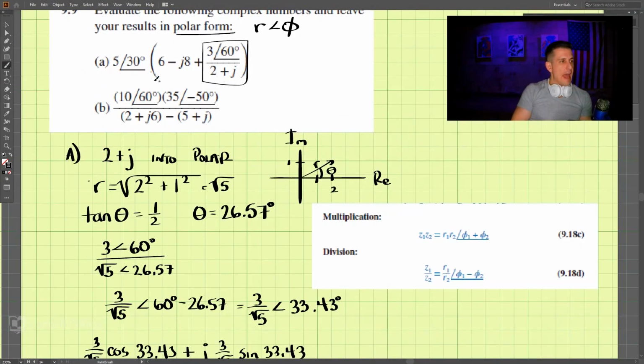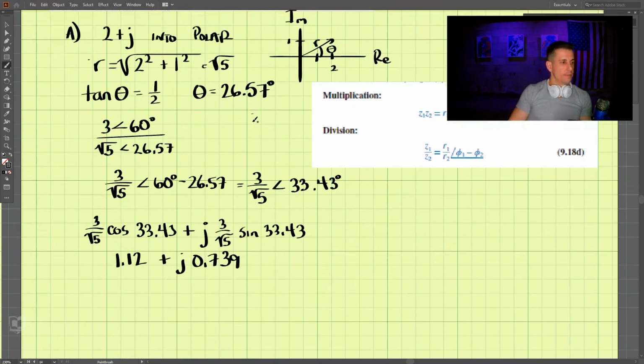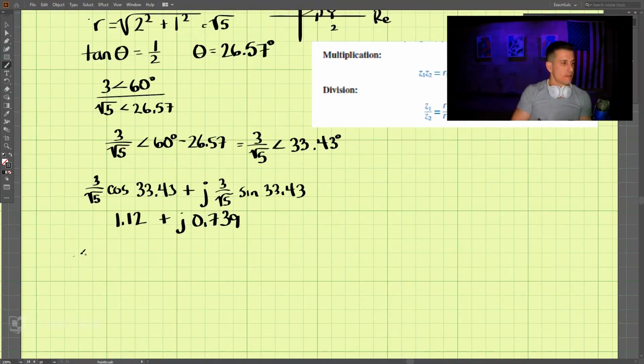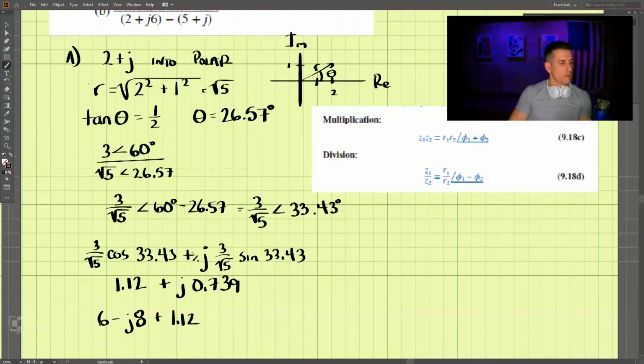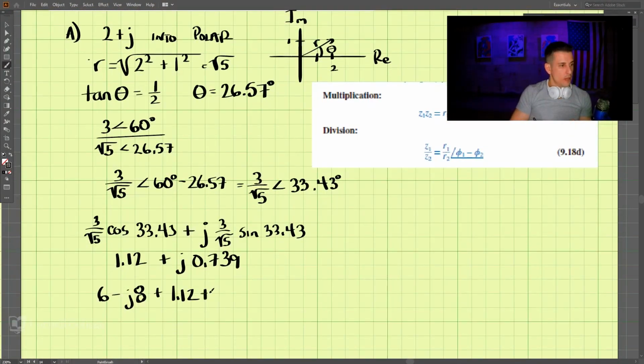So now we can add these two together. So we have 6 minus j8 plus 1.12 plus j0.739.